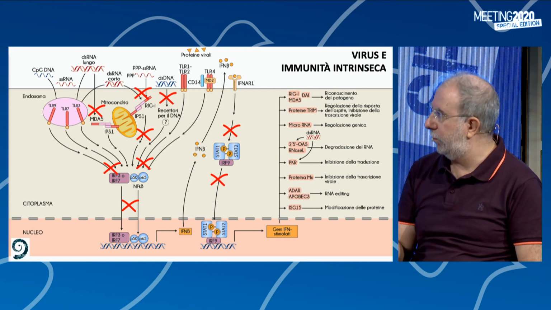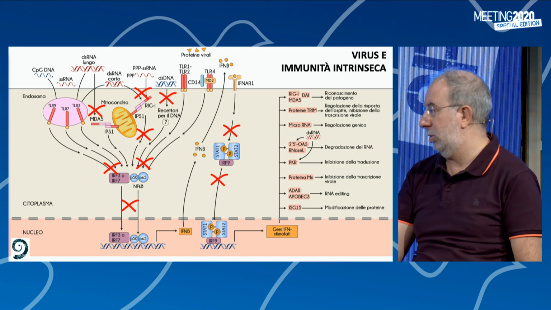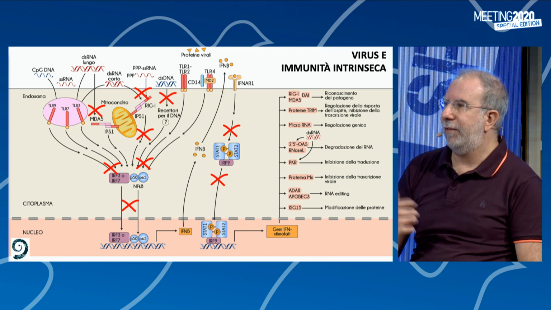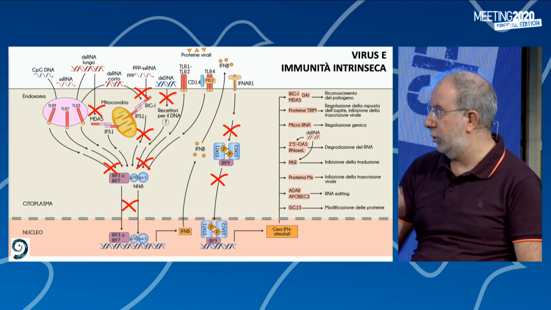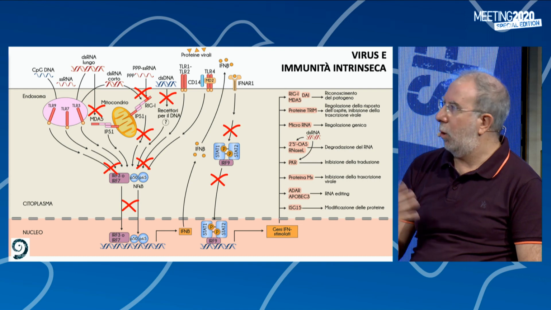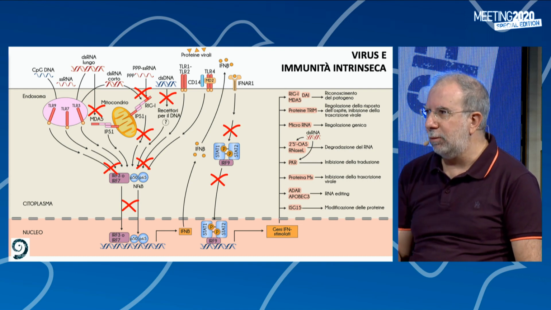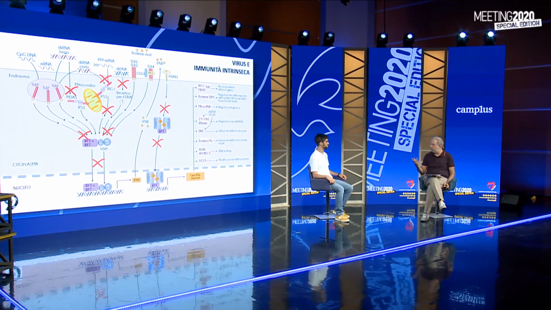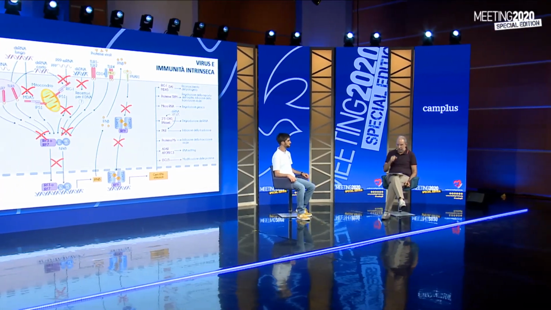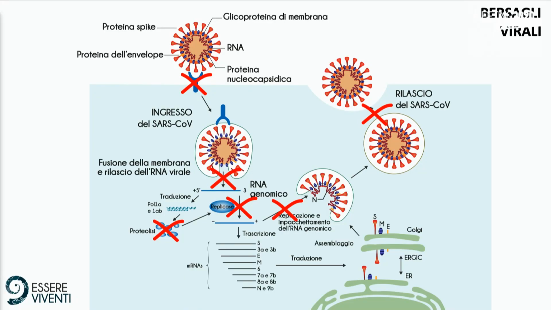For example, we have drugs against the hepatitis C virus, or we have developed drugs against the HIV, or also drugs against other viruses. And these drugs actually block key elements of the virus replication.